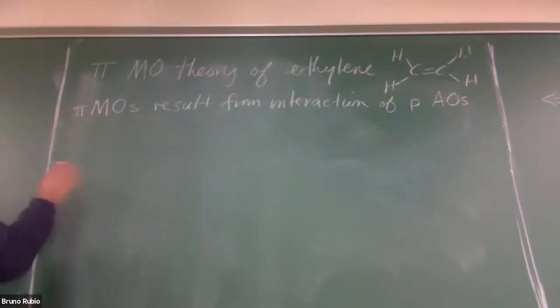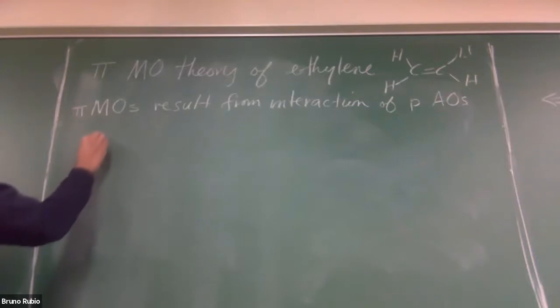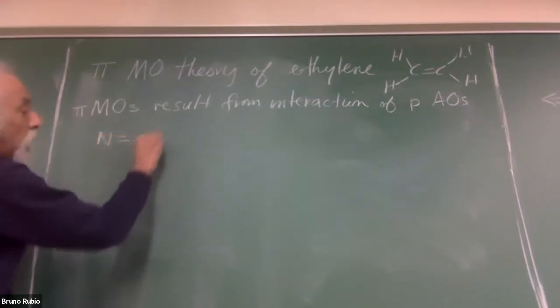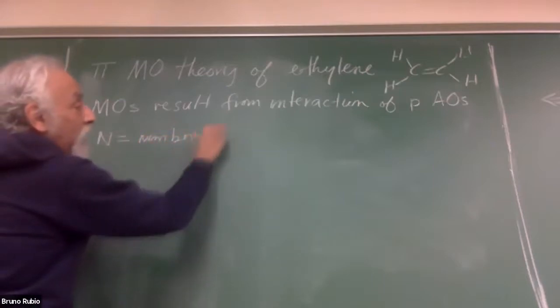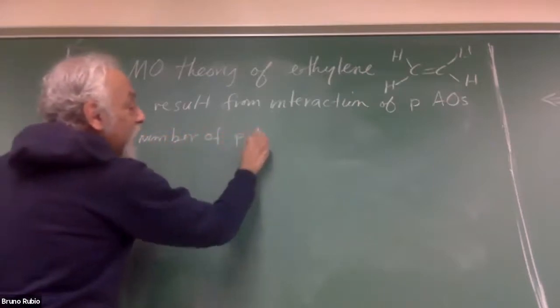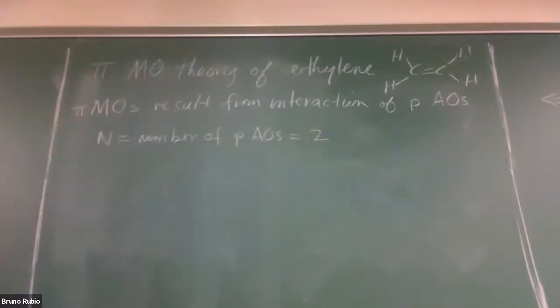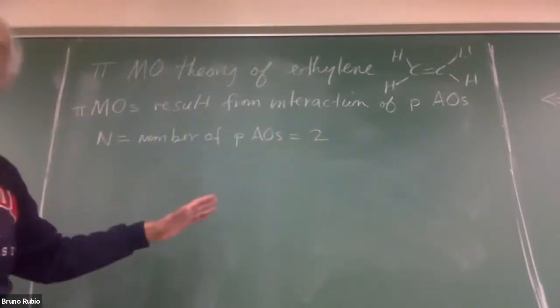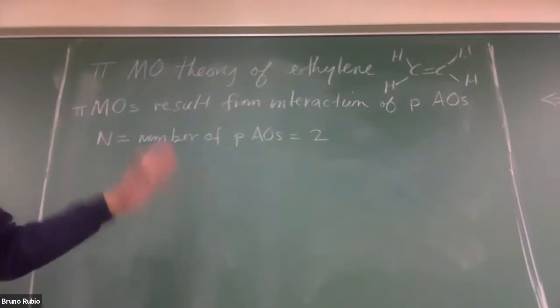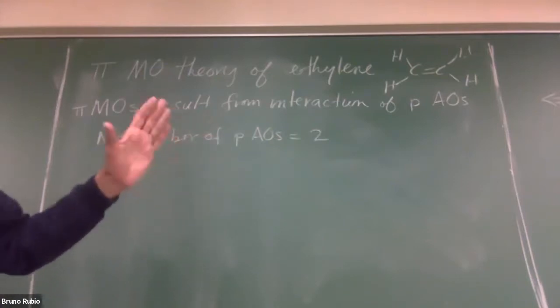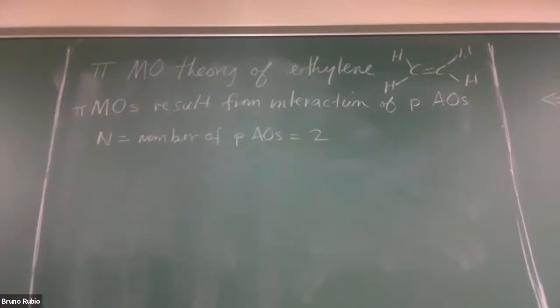Okay, and so for ethylene, N, which is equal to the number of p atomic orbitals, is equal to 2. We have 1 p orbital on one sp2 hybridized carbon. We have another p orbital on the other sp2 hybridized carbon. So N is equal to 2.